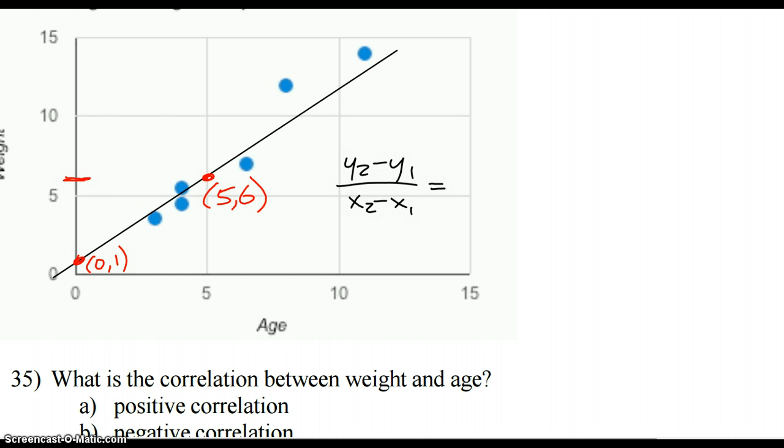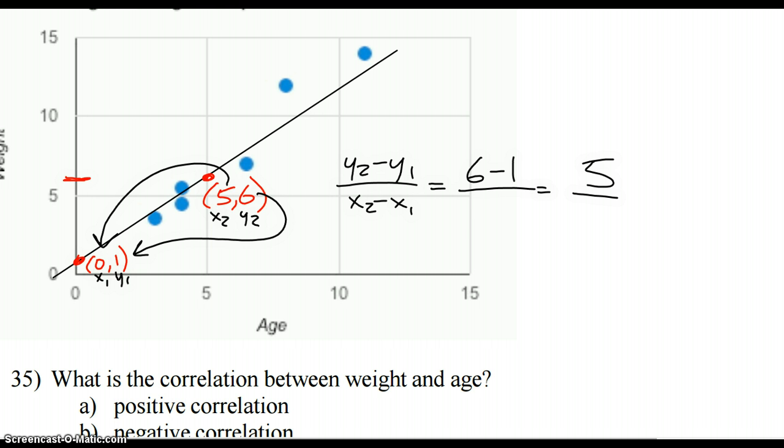So here's x1 and y1, and here's x2 and y2. Take my 2 y values, 6 minus 1, which is 5, and then go the same direction, 5 minus 0, and I get 5 over 5, which equals 1. So an approximate slope would be a slope of 1.